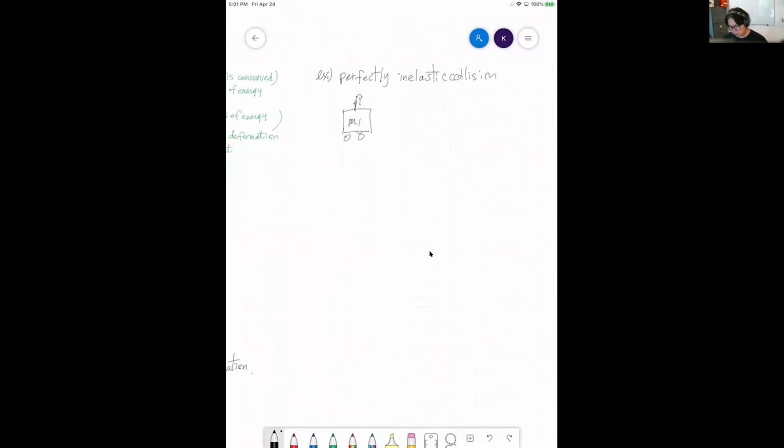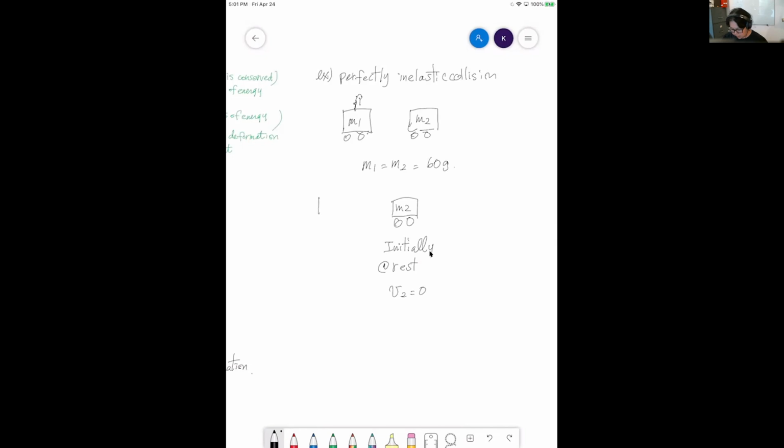This is a giraffe. And then M2. M1 and M2 are both the same, 60 grams. If M2 was initially at rest, the velocity V2 is 0.